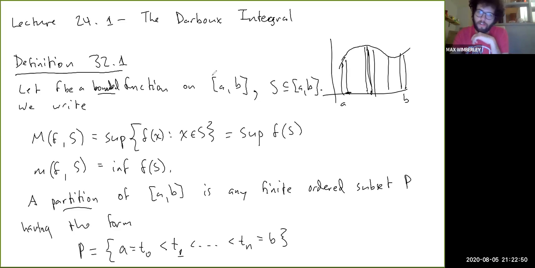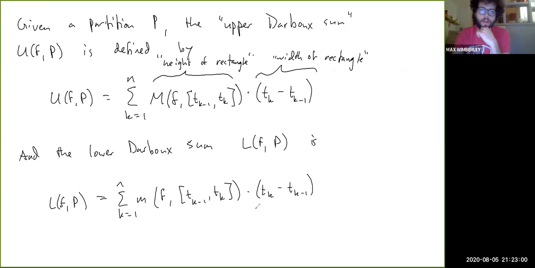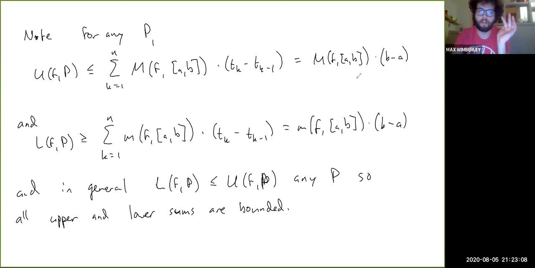We only know boundedness in the case of continuity, unless we just assume that it's bounded. So we have to assume it's bounded in order for these to even necessarily exist. Otherwise they might just be infinities. But as long as we assume it's bounded, then all of these numbers are perfectly well defined, including the total supremum and infimum of f on the entire interval AB, right?